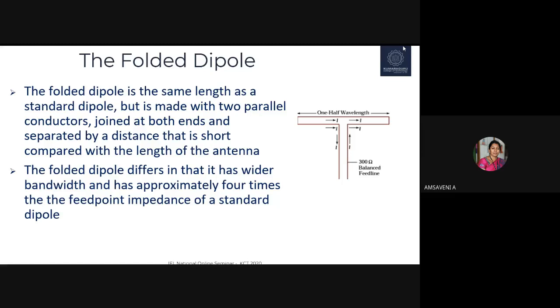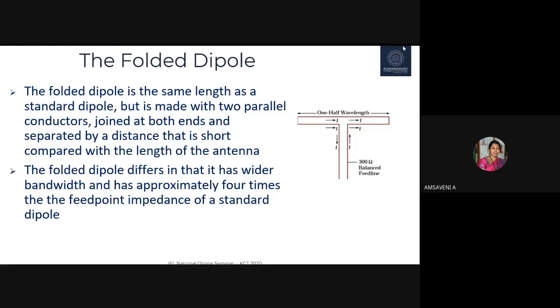And if you take two parallel conductors of half wavelength and fold one dipole, you have to separate these two dipoles at a distance which is very short compared with the length of the antenna. The spacing between these two dipoles should be very small, and this will offer a high radiation resistance compared to your half-wave dipole.